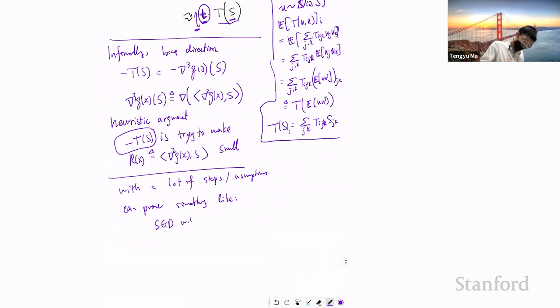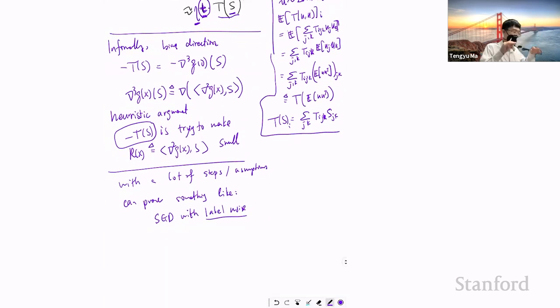You can prove something like SGD with the so-called label noise. I didn't tell you what label noise means. It doesn't matter. It's one kind of noise, not exact, some additional noise.